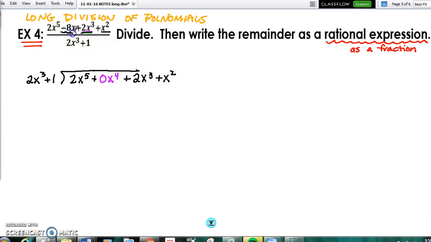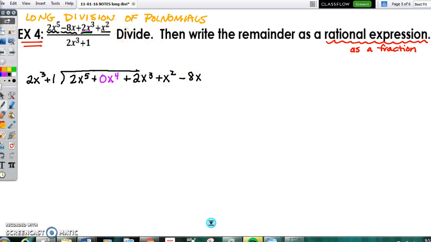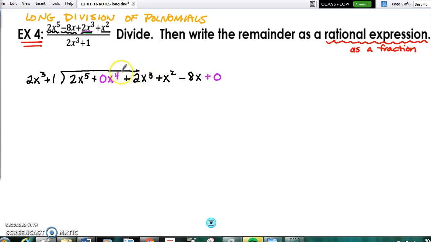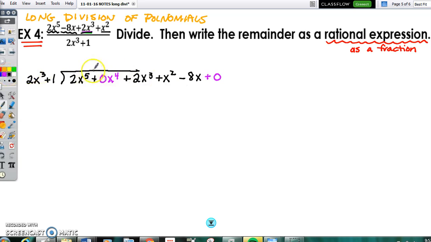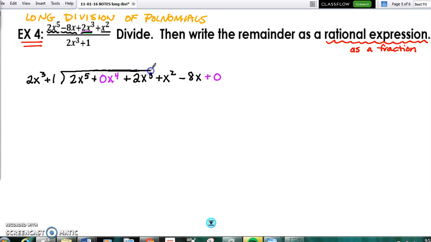Yep, there's a 1. And then we need a none. Is there one without an x up here? No. So we are going to hold its place. Plus 0. Alright, so we had to put in a couple placeholders because there were a couple exponents of x missing. Whatever your highest x is in the exponent, you need to have every single one after that all the way down to no x.